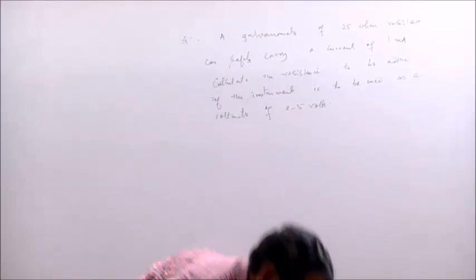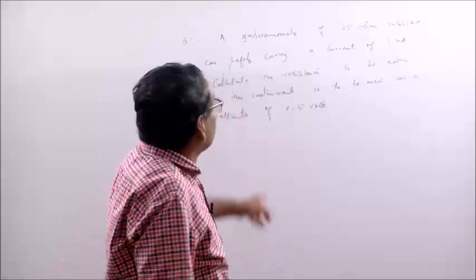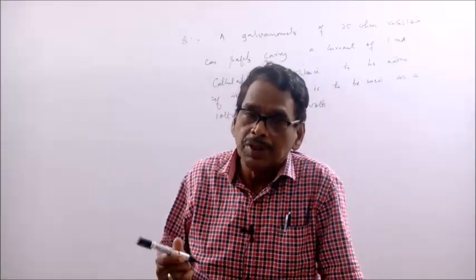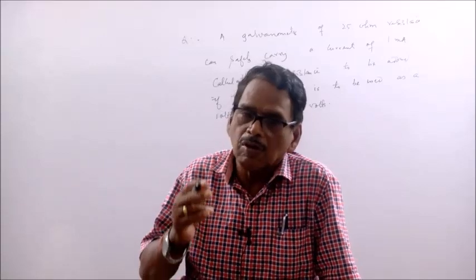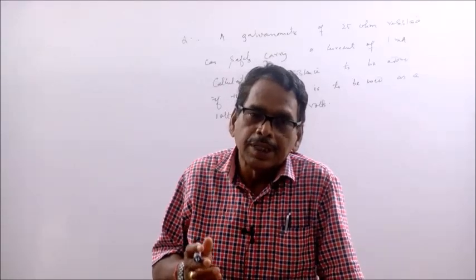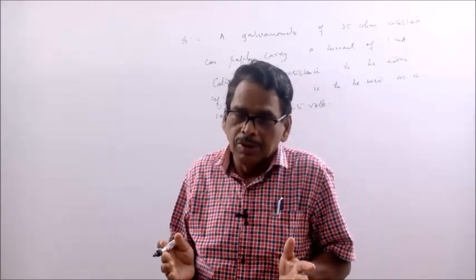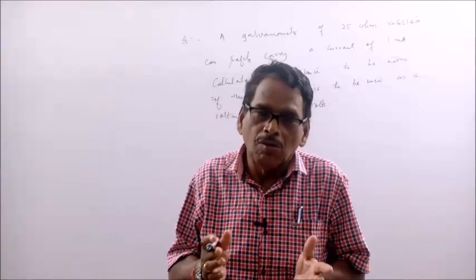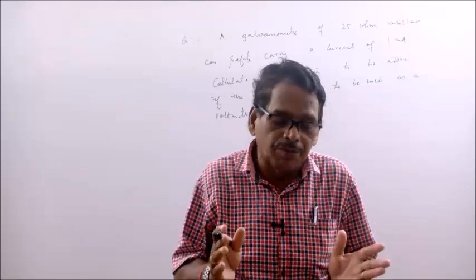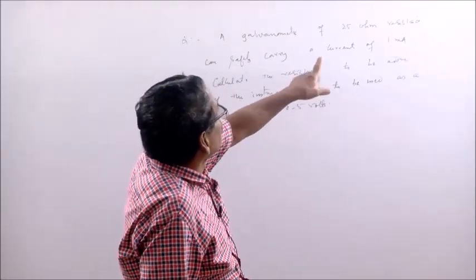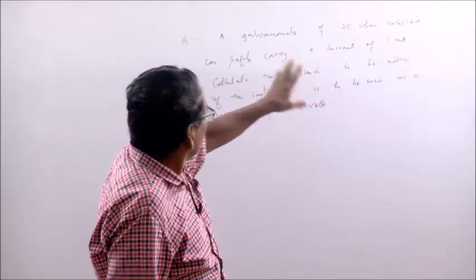So here you can see, as I have already discussed with you, when you are solving a problem, first see which formula will be applied, then put the formula and then make proper substitution. Proper substitution means all the data must be in the same system of units. Here we will convert a galvanometer to a voltmeter.